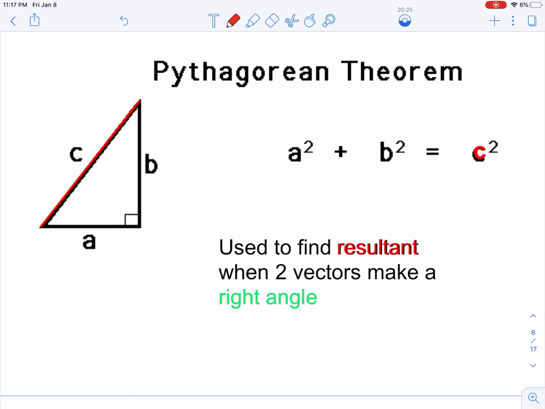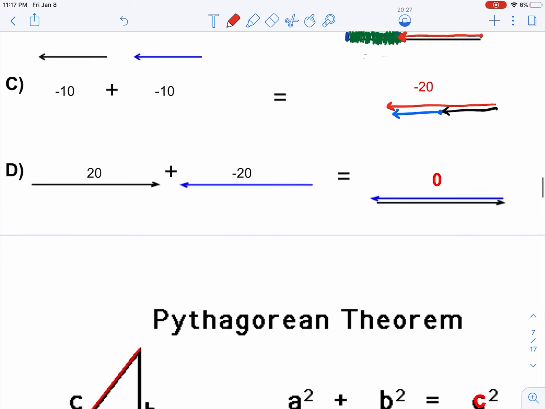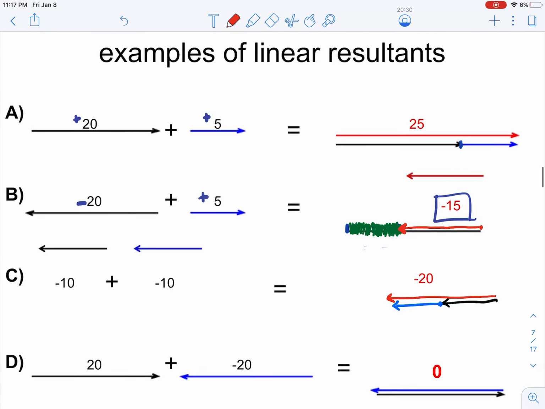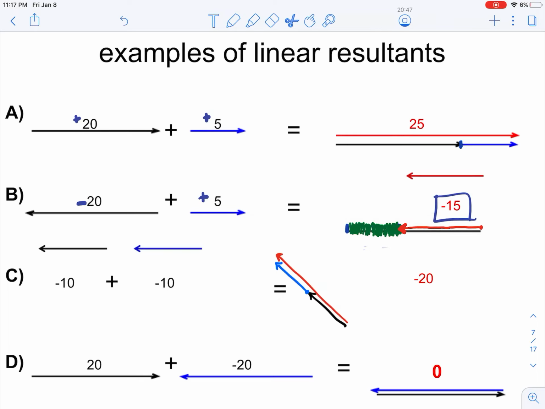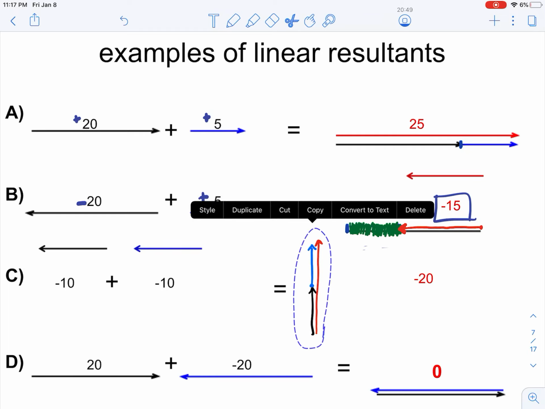What if my lines are not along the same axis? In all of these examples, my lines were horizontal. If I were to turn these vectors so that they were vertical, everything would work exactly the same way. I would still connect them nose to tail, and it would still tell me the direction of my resultant.